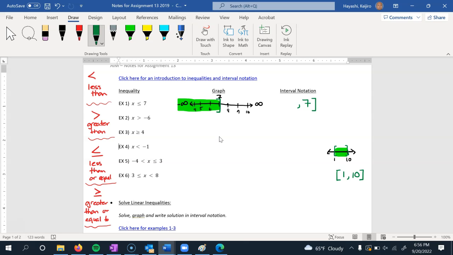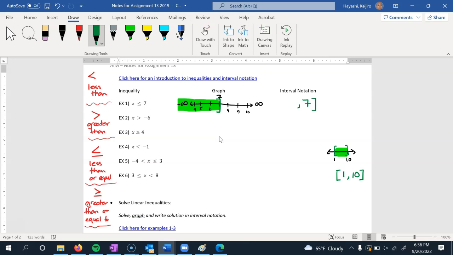if you start at 7 and go to the left forever, there's not going to be a lowest number that you stop at. There's always going to be lower numbers. You could get to negative 1,000,000 over there on the left-hand side of this number line, and there would still be negative 1,000,001, or a negative bazillion.